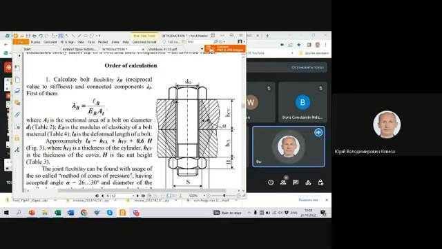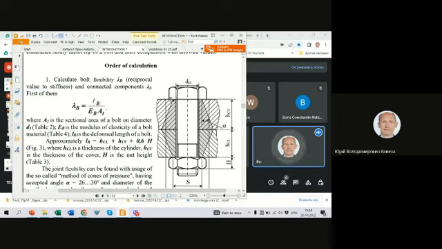We know that in the deformed part, we have stresses and elongation in each cross section. And what is L of the deformed part of the bolt?